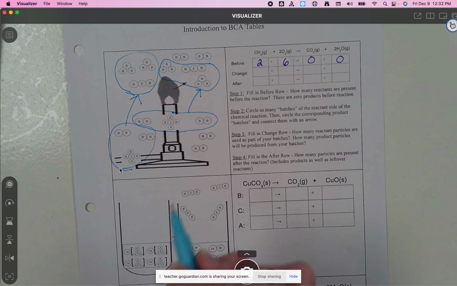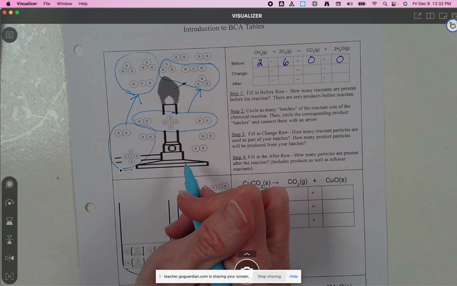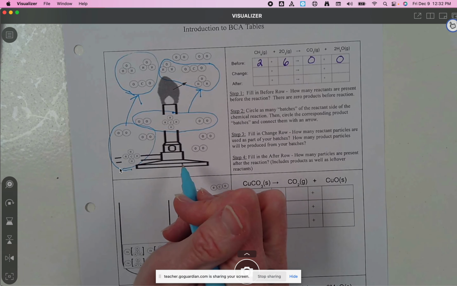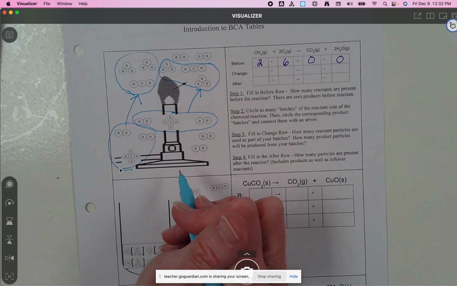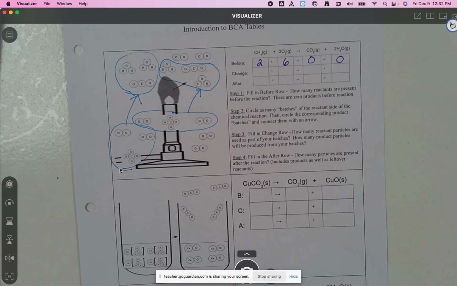And then do it again. Take 1 methane. Oh wait, I can't, because I don't have 1 methane. All the CH4, or the methane, is used up. I am done making batches. Okay, so I stop doing that.